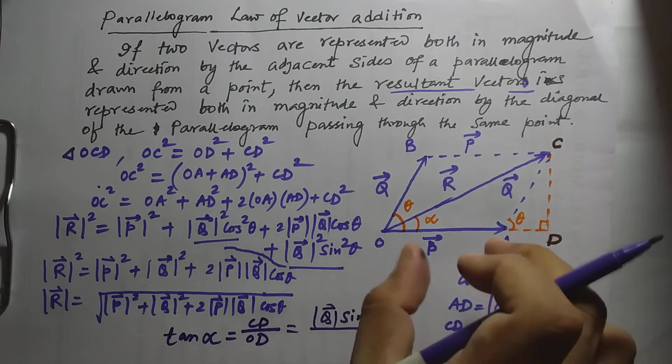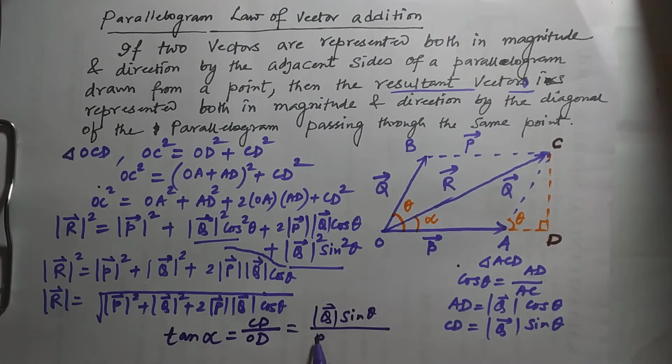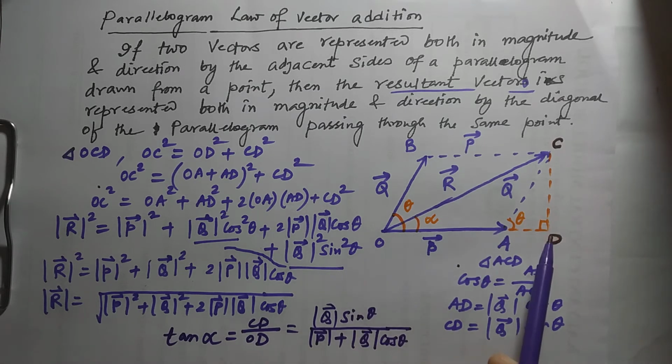OD is what? OP plus AD. So P vector plus AD means Q cos theta. So this thing is already explained. OD means OP plus AD. Okay, so not writing this one actually. So you can write down.